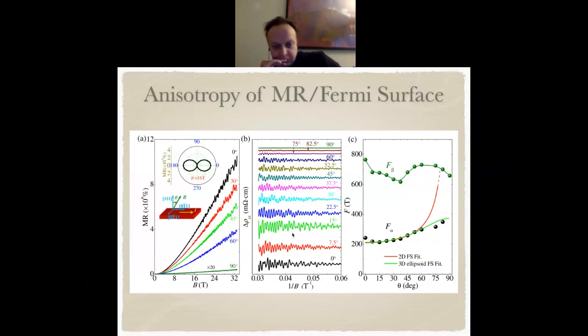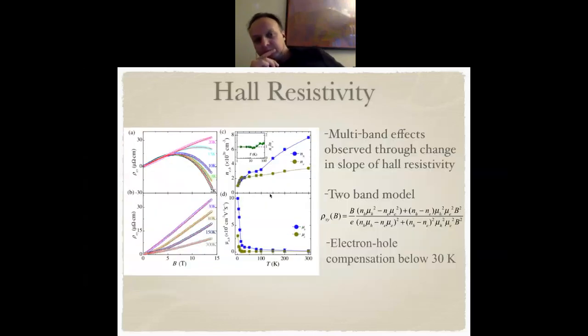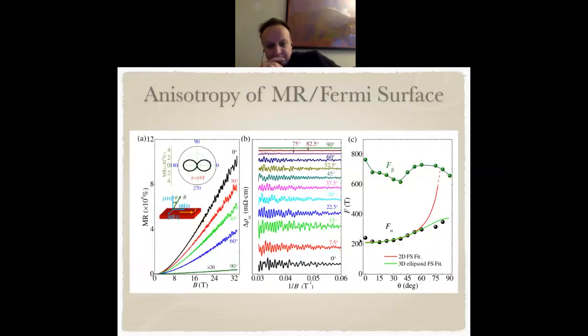Let's see. And so they also did fast Fourier transforms of these oscillations. I don't know at what temperature, but I'm assuming a low temperature. And they plotted the amplitude values by angle. And from that, you can kind of infer the contour of the Fermi surface for these bands.